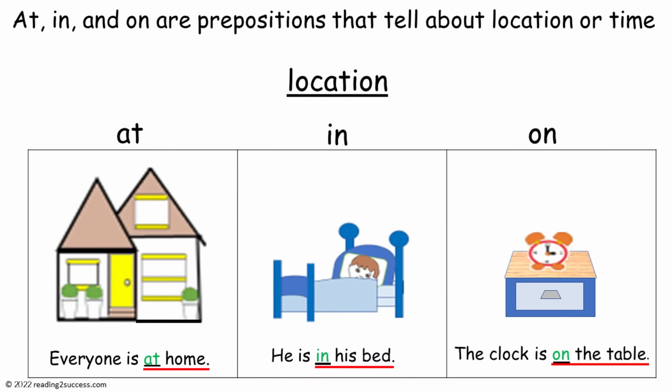At, in, and on are prepositions that tell about location or time. In this example, we're looking at location. At, everyone is at home. In, he is in his bed. On, the clock is on the table.